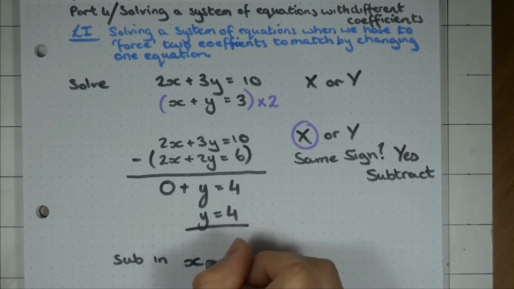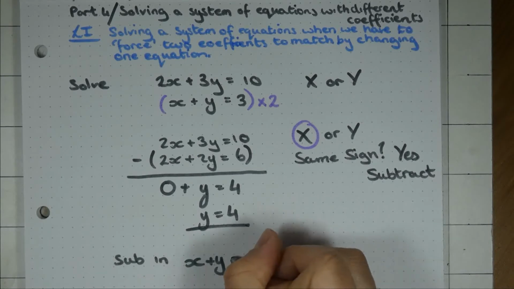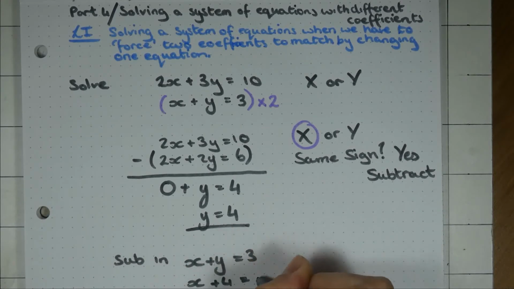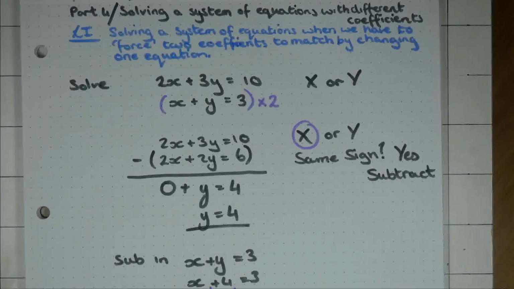So we're going to have x plus y equals 3, but I know the value of y, so I have x plus 4 equals 3.